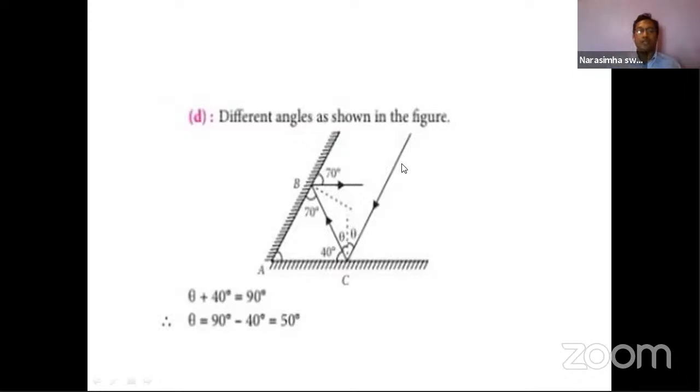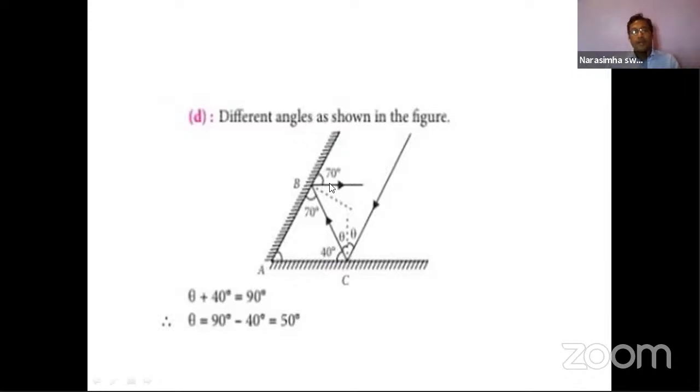With the normal it makes angle theta, and reflection takes place with exactly the same angle. From the first mirror, the light ray is reflected and incident on the second mirror, as given in the problem. From the second mirror, the reflected ray is exactly parallel to the first mirror. That hint is given.